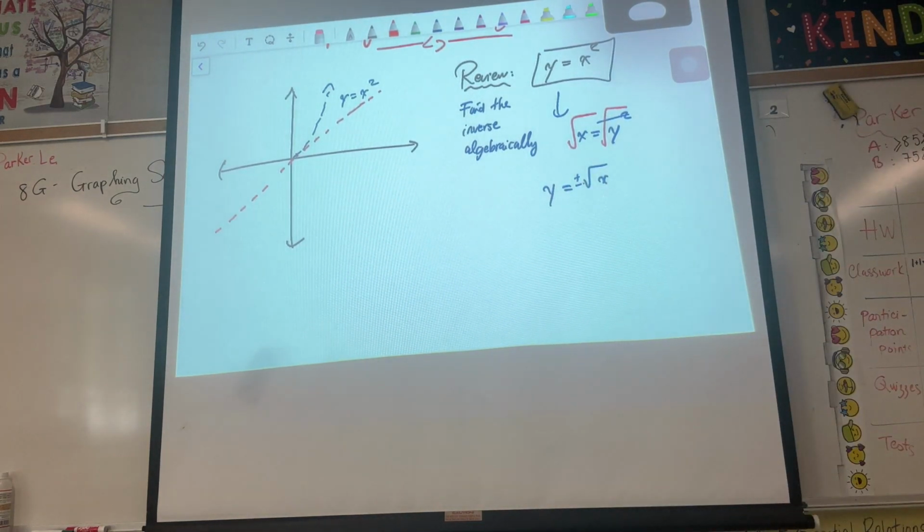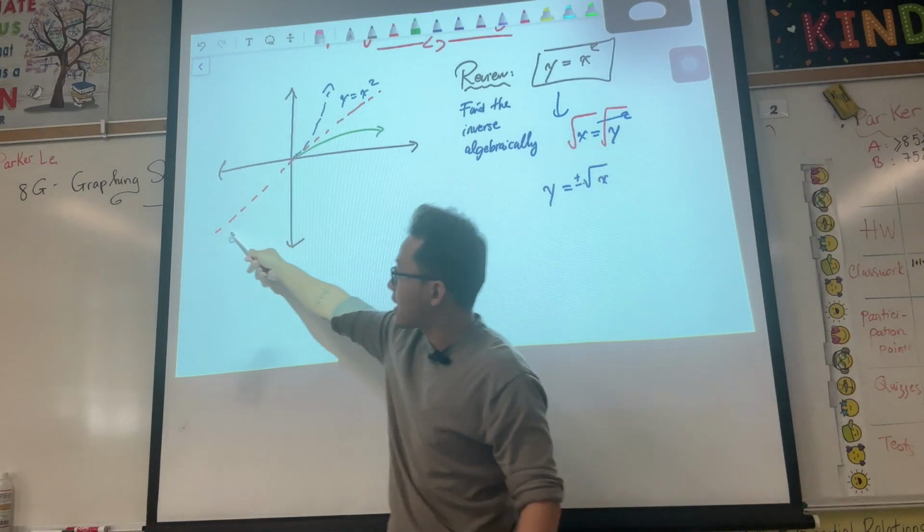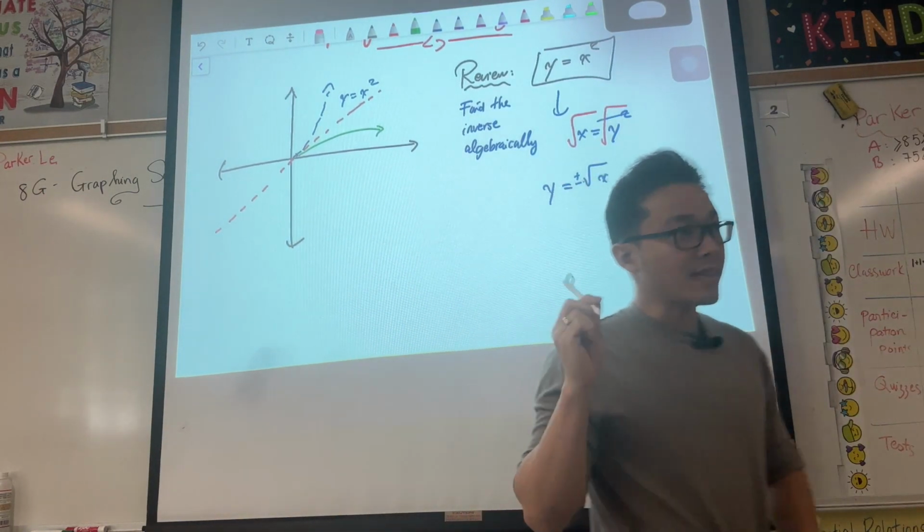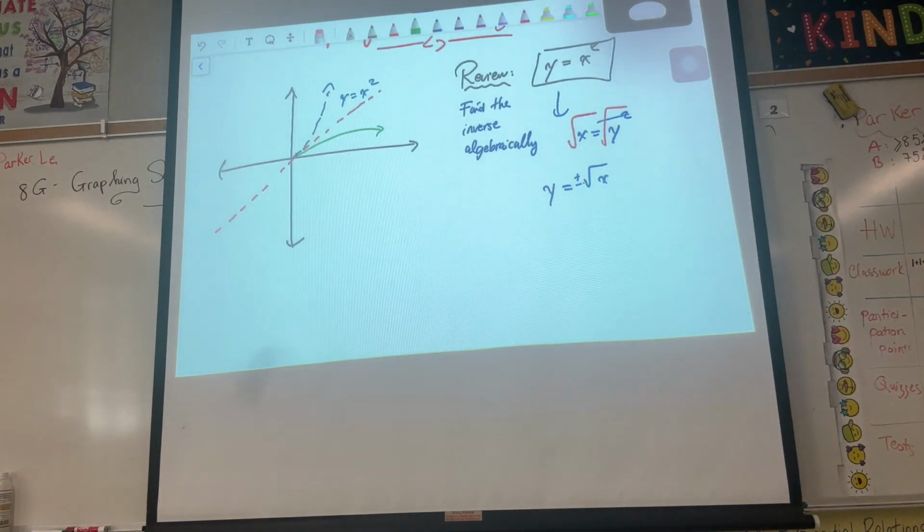Okay, I'm going to draw and you tell me if it's correct. Does it look like this? No? Is it going to look like this? No. Like this? No. Is it going to look like this? Yeah, right. You're going to reflect over the line y equals x. So that's the inverse.